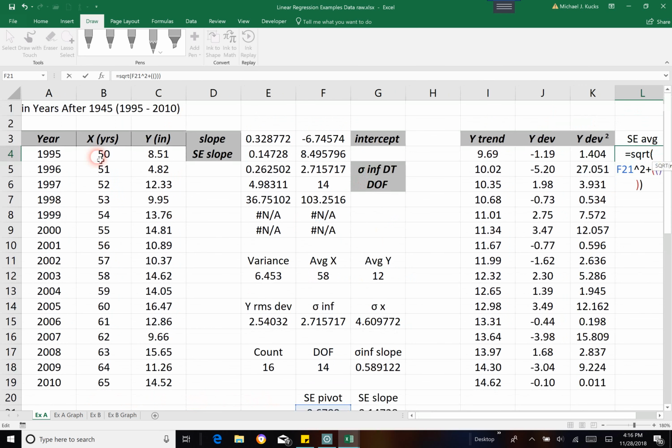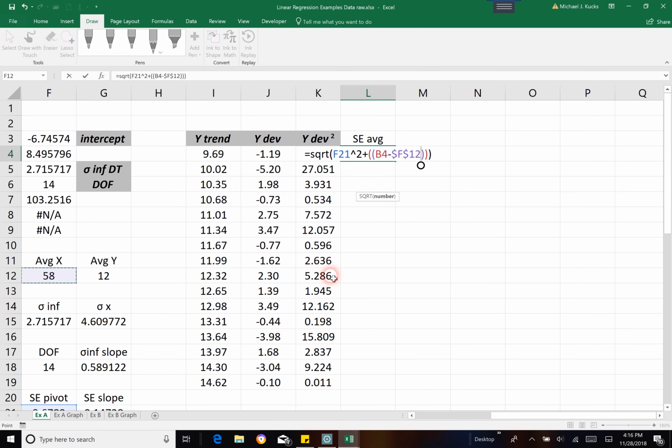Well, where are my x's? Here are my x's. There's an x minus x average. There's x average. I need to make that an absolute cell address. So there's my delta x. Times the standard error of the slope.